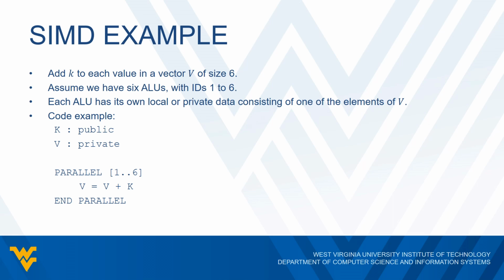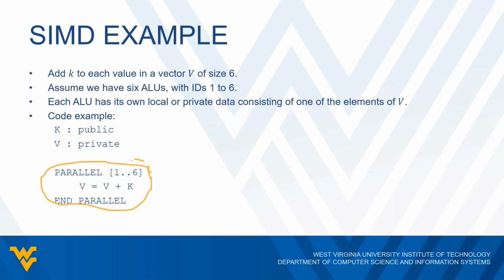We would say k is public. This is a value that we're given that we're going to be adding. v is the private data. The parallel part of the code is this section right here: parallel 1,6, v equals v plus k.